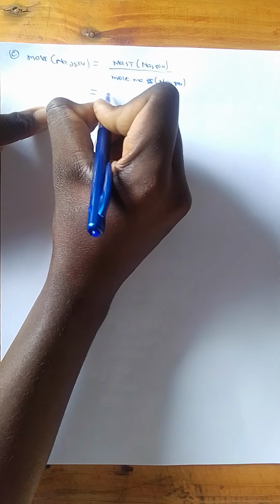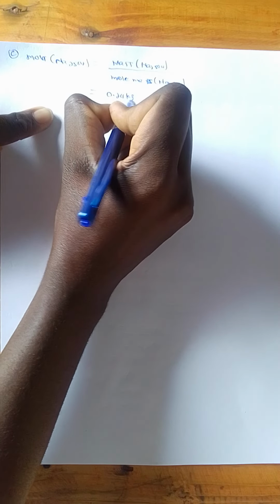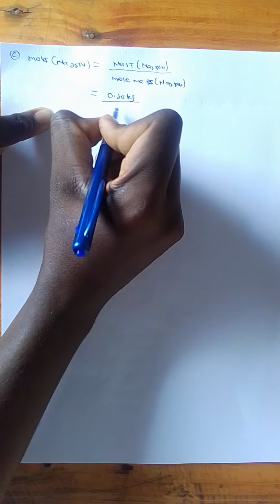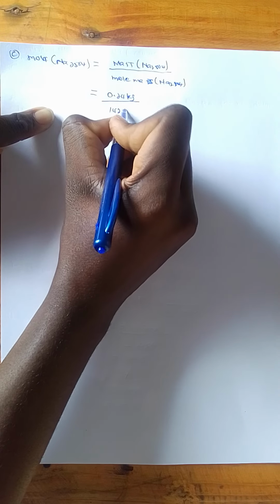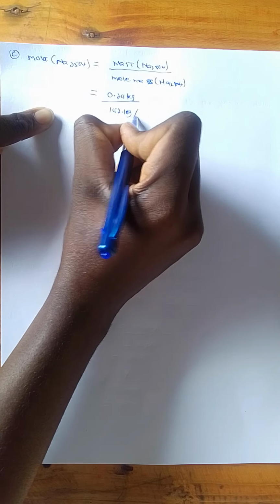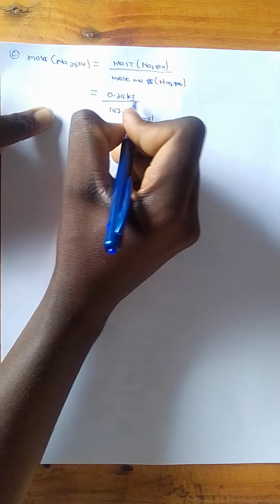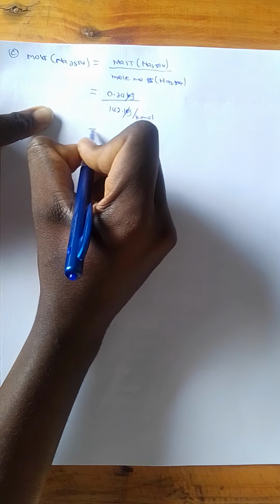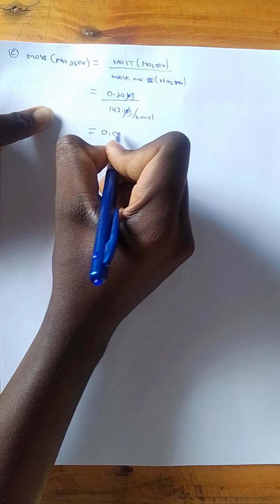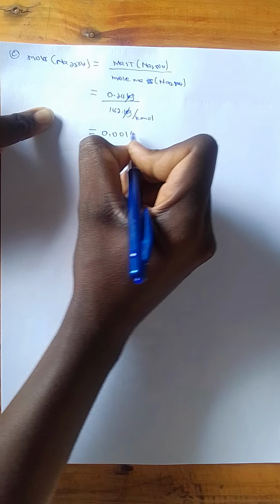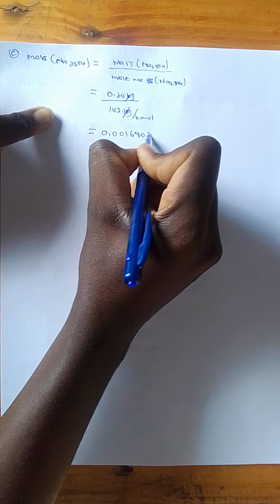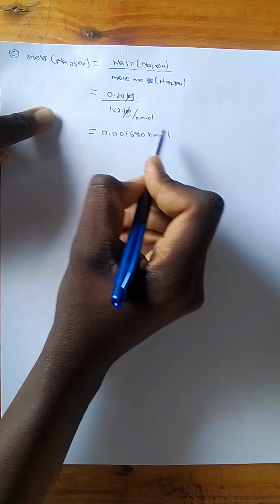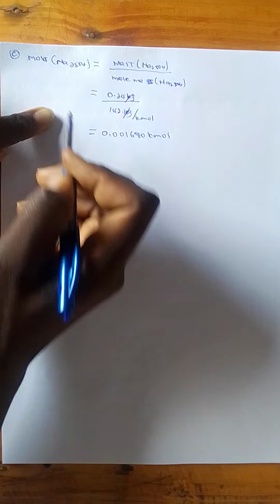So the mass of Na2SO4 is 0.24 kilograms, and the mole mass of Na2SO4 we have already been given as 142 kilograms per kilomole. Now that becomes 0.00169 kilomole. Now these are the moles of Na2SO4.